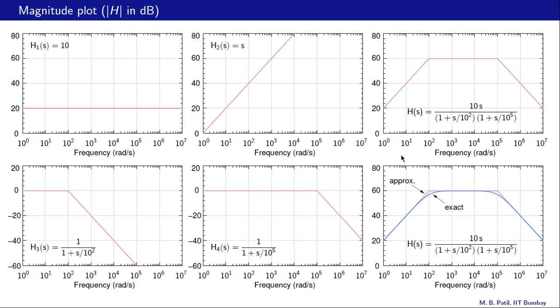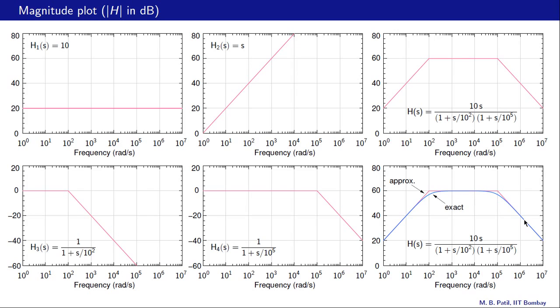Okay, let us now compare our Bode magnitude plot, this one, with the exact result for h of s. And how do we obtain this exact curve given here in blue?